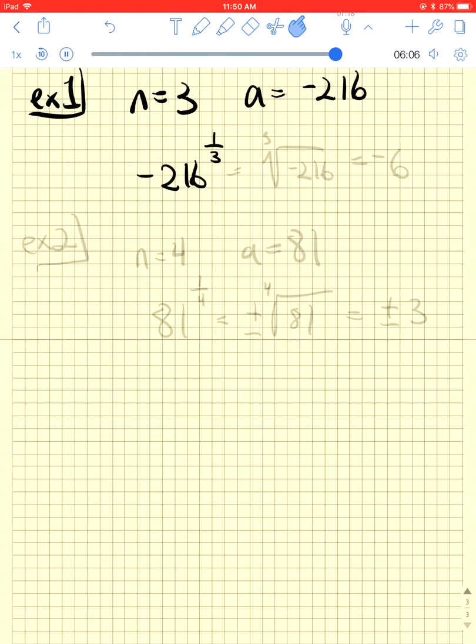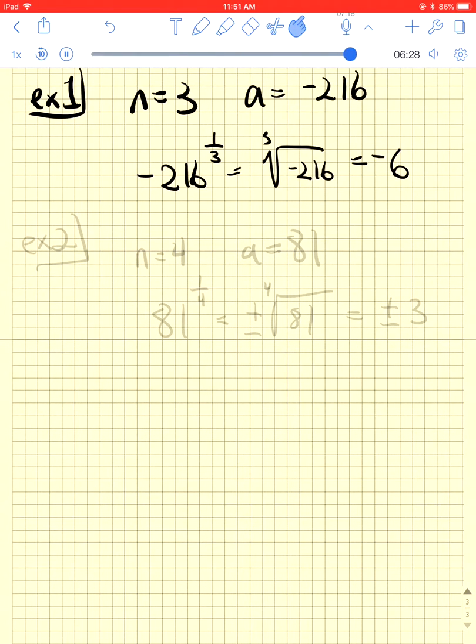Where did that 1/3 come from? That came from n. So a is the base, n is odd, so there's going to be one real root here. This is equal to the third root of negative 216, which is negative 6.